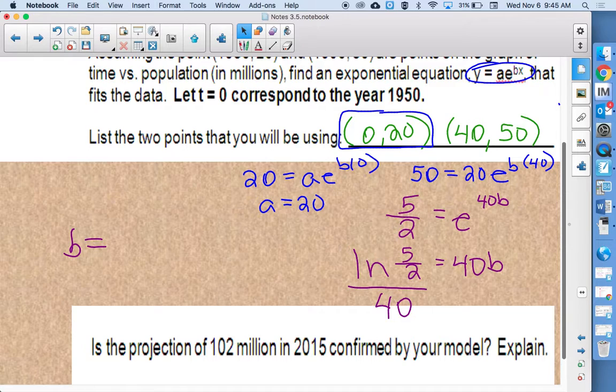So your b value should be the natural log of 5 halves divided by 40.